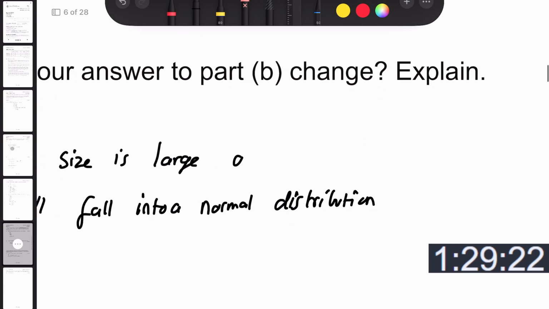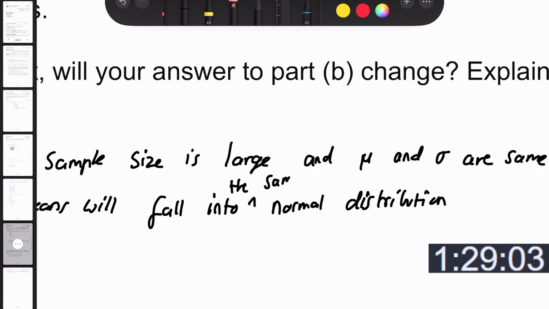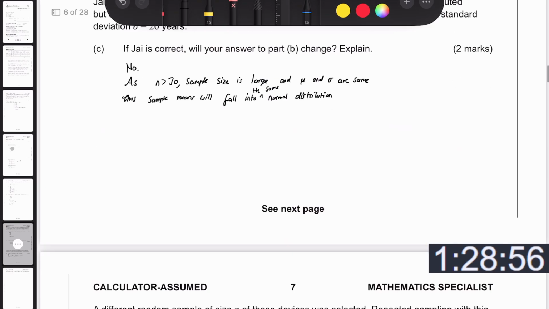Sample size is large and mean is the same, so they fall into the same normal distribution. Pause. I'm going to have to put my timer on. Go back.